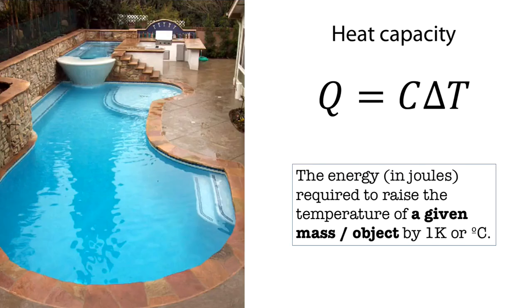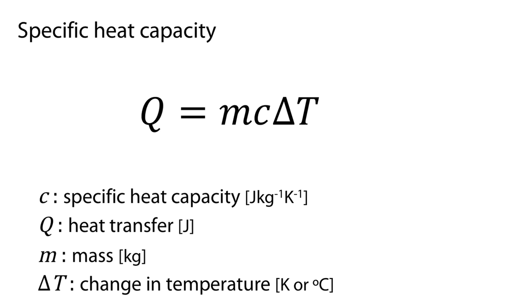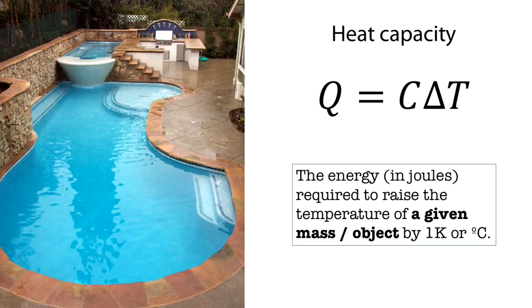Before we finish, specific heat capacity refers to a particular substance, but it's always, if you look in the units, in terms of kilograms. In other words, what will 1 kilogram of that substance do? Obviously, the actual heat capacity refers to a particular object, of given mass.